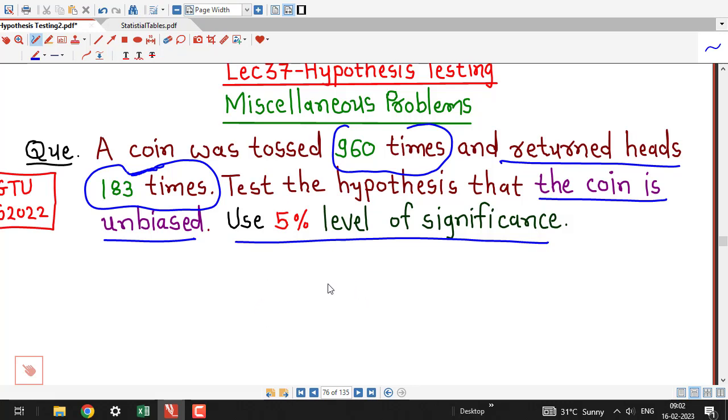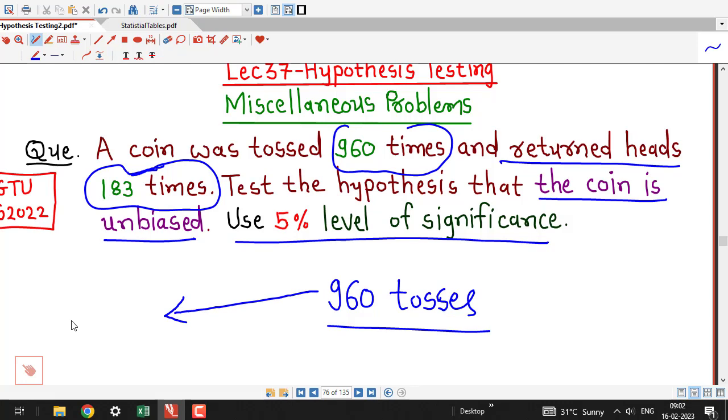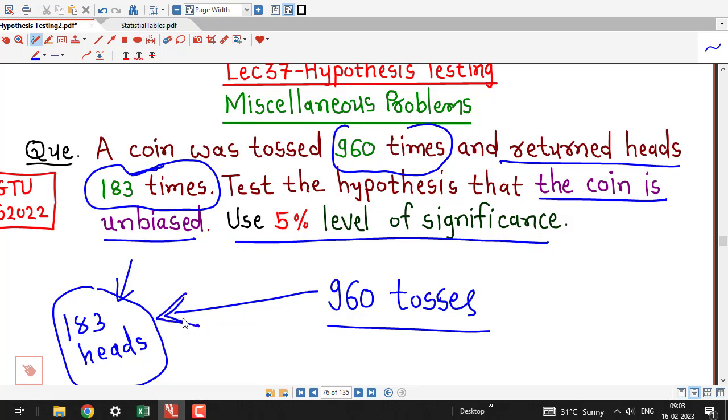Here what is the given information? They are considering 960 tosses of a coin, and out of 960 tosses, 183 are heads. Out of 960 throws, they find head on 183 tosses. So can we conclude from this information that the coin is unbiased?